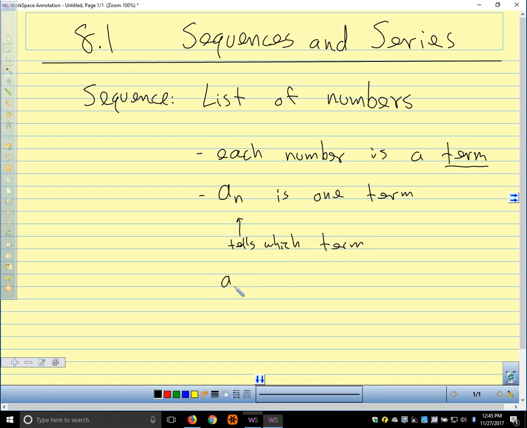So, for example, a sub 1 is the first term, a sub 2 is the second term, etc. That tells us where we are in our list of numbers.